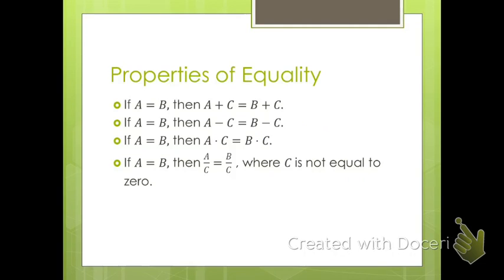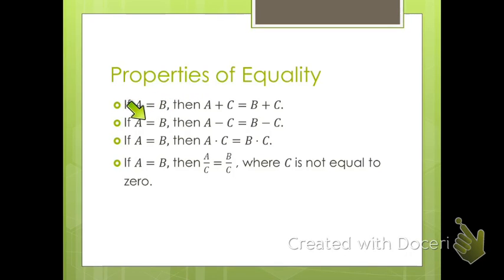Okay, so that leads us to the properties of equality. What these properties tell us is that if we start with an equation that is true, so in this case, A equals B, then A plus C will equal B plus C, which is what we saw in the example just before this.